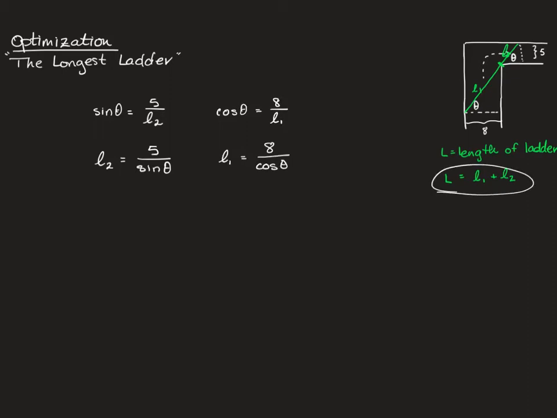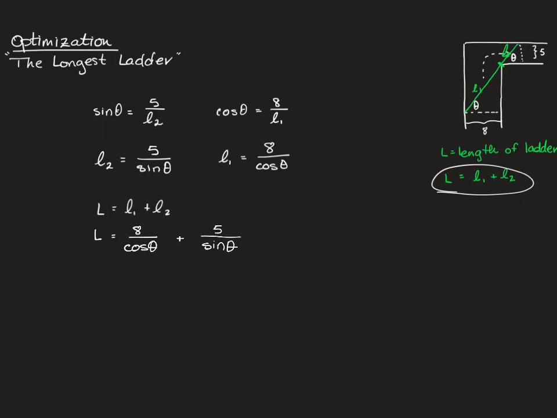So now I can write L as L1 plus L2 in this way: L1 is 8 over cosine theta plus L2 is 5 over sine theta. So this is a different expression for the length of the ladder.